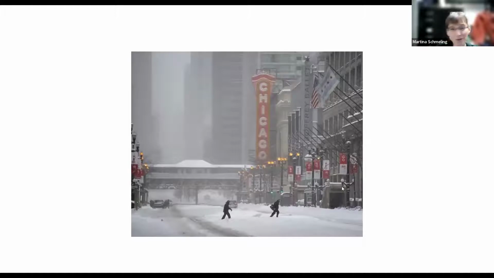And this just gives you a picture of how it can be in winter in Chicago. And so I will stop sharing now, and I hope to open the floor for questions.